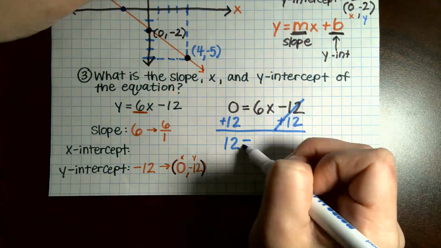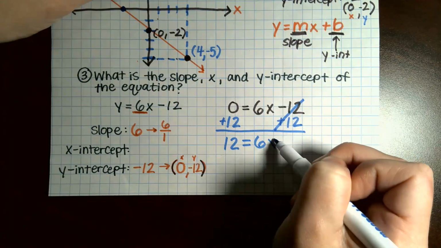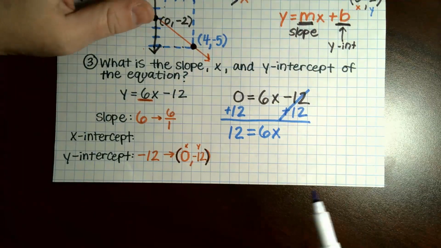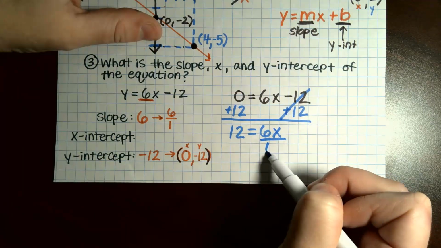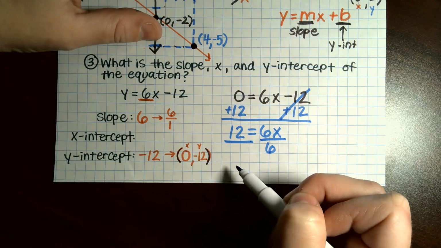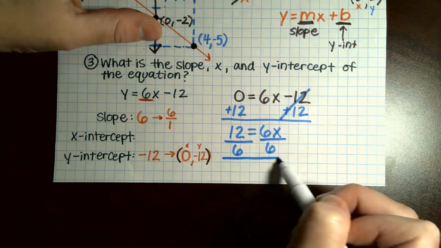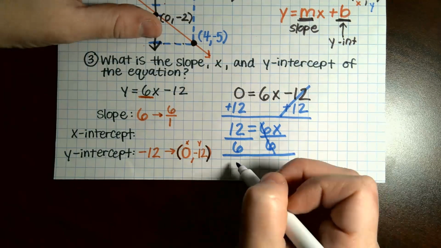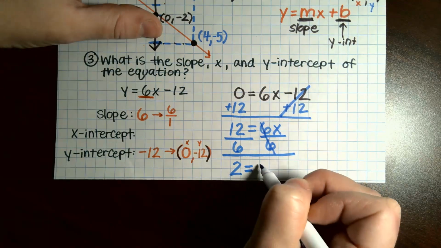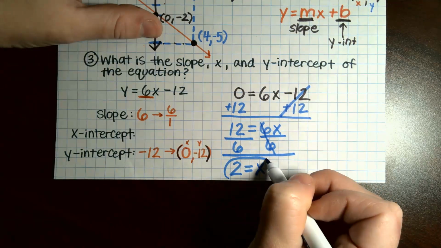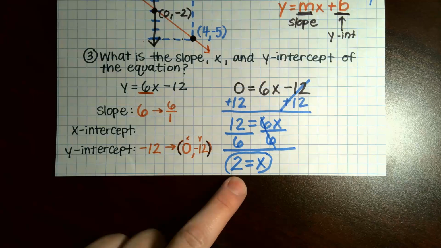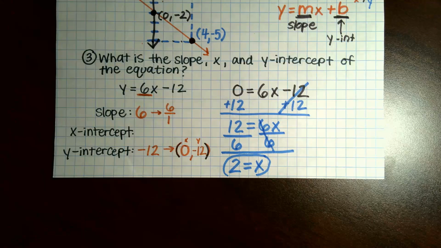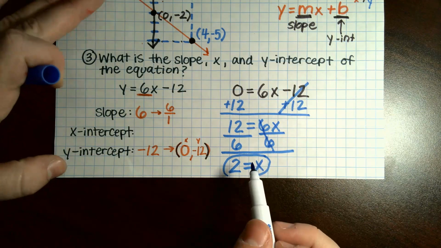So now we have 12 equals 6x. And to get rid of the 6, we do what Bree said. We're going to divide by 6. So x is equal to 2. Yes. So, yep, the 6 cancels. 12 divided by 6 is 2. So we solved for x, and now we just have to put it into a coordinate for the x-intercept.